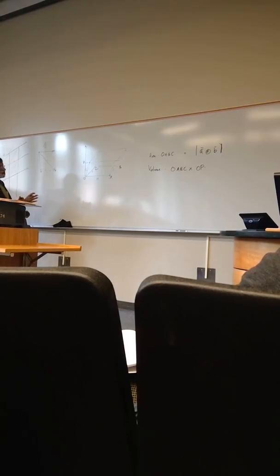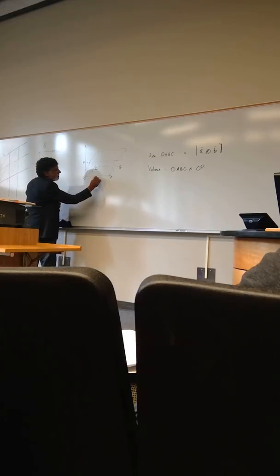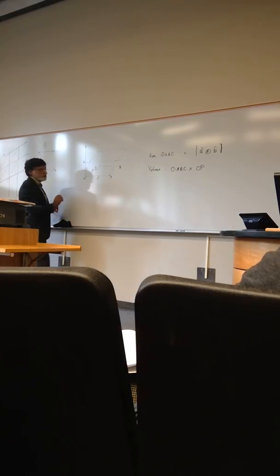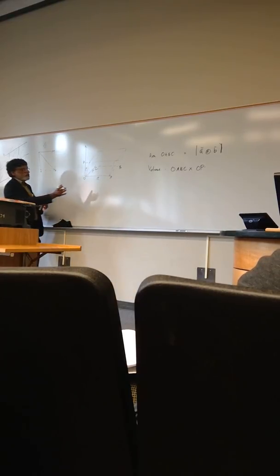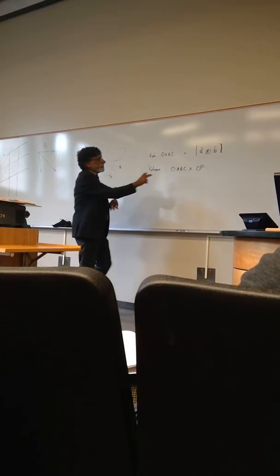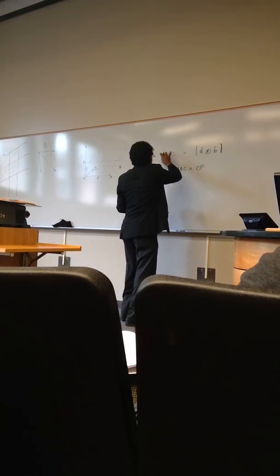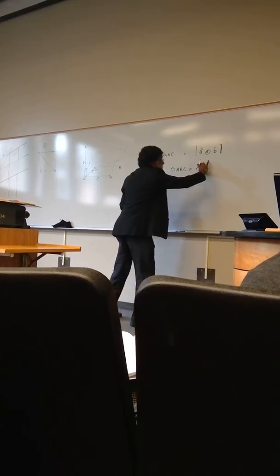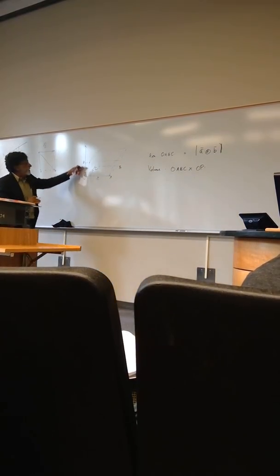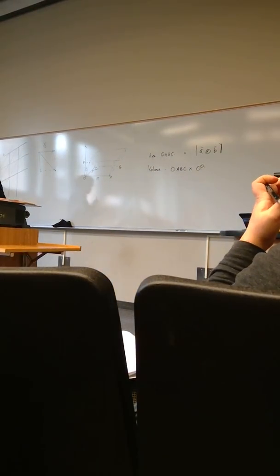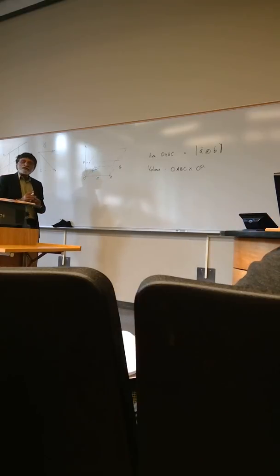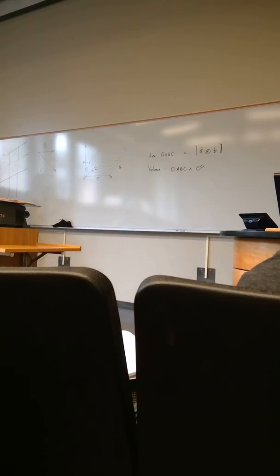So this is A cross B, the vector A, vector B, this is the real lattice, so this is the volume, and this is now this area multiplied by this height OP. What is the height OP, in terms of something we have already mentioned before?